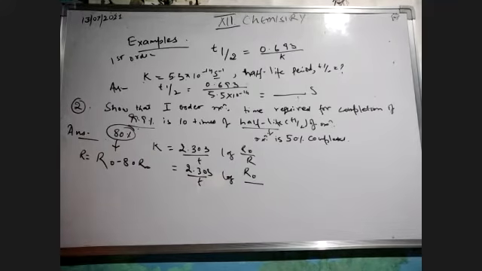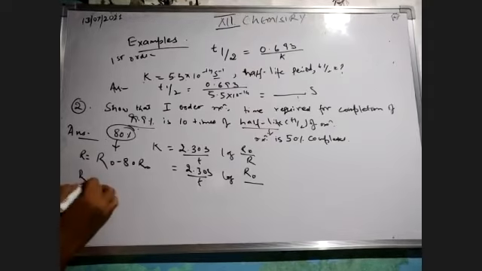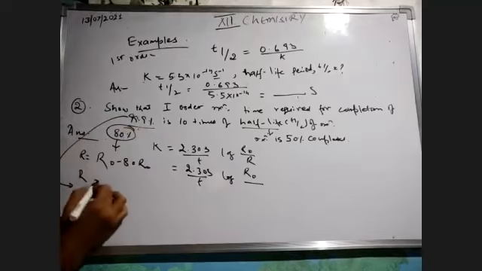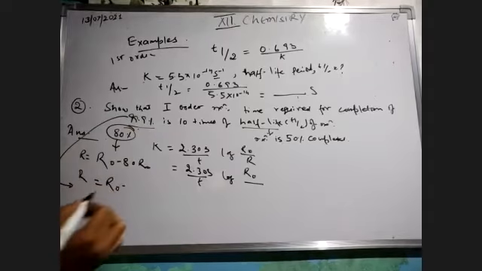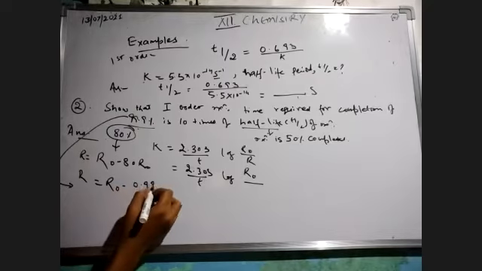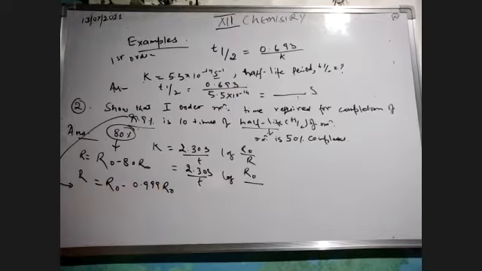In the very same manner, if I'm saying 70%, 60%, we have the 99.9% also. Okay, so we can say that my R for 99.9% would be R naught minus 0.99 R. Do you get my point or not?